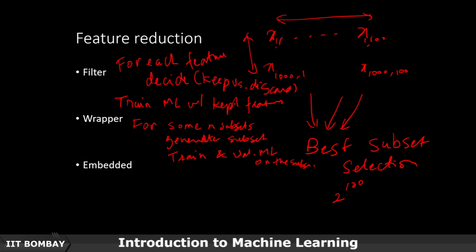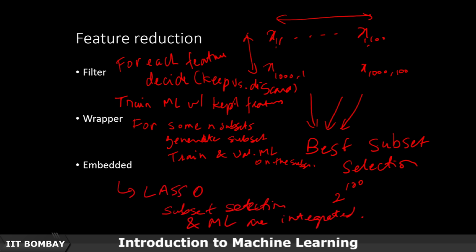So this is where subset selection and ML are integrated. Okay, so these are roughly 3 different ways of looking at features. Let's look at each of these in a little more detail.